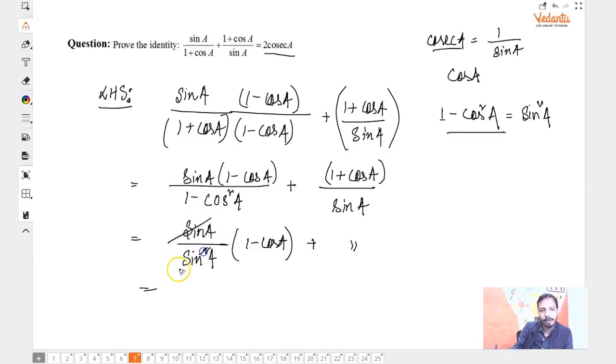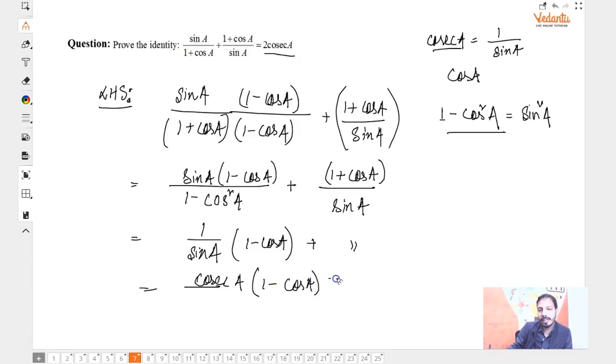Now you see this square will get cancelled. So if this gets cancelled, here I have 1 by sine A, which is nothing but cosec A. So let me write it, cosec A (1 minus cos A), and here also I can write cosec A (1 plus cos A).